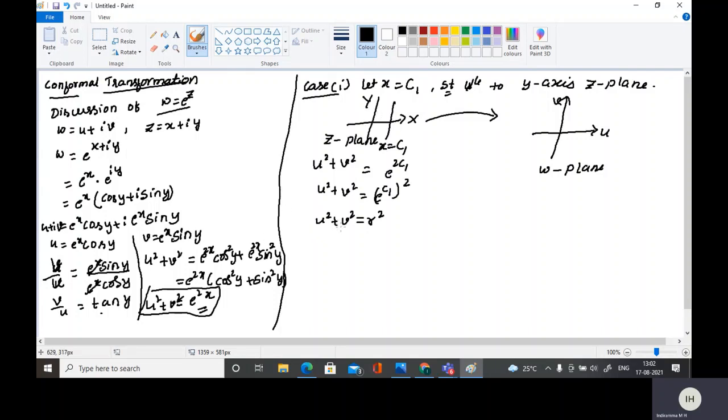So u square plus v square equal to r square represents a circle in the w plane with center at origin and radius r, where r is e power c1. So the straight line parallel to the y axis is mapped to the circle with center at origin and radius r. This is case 1.